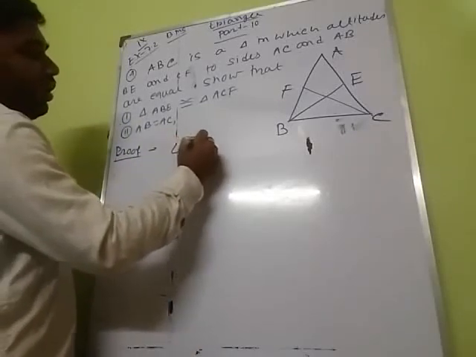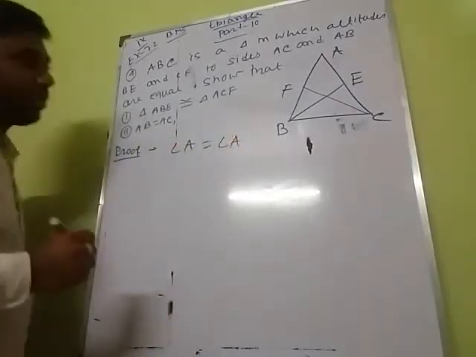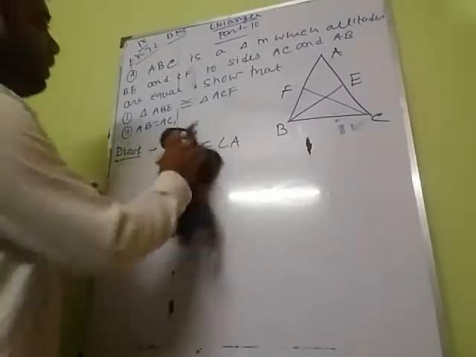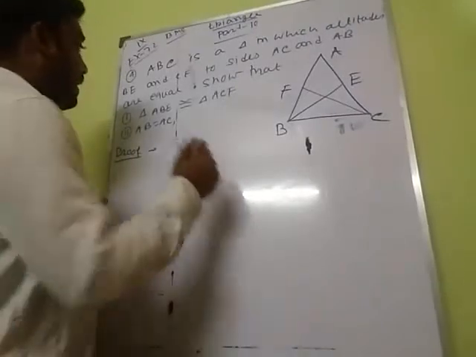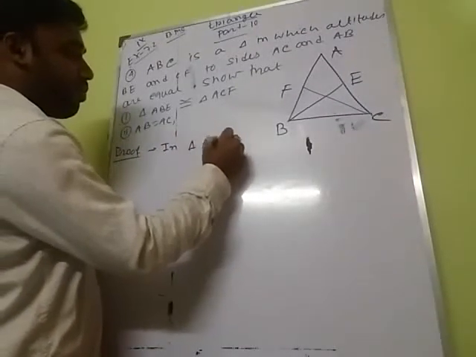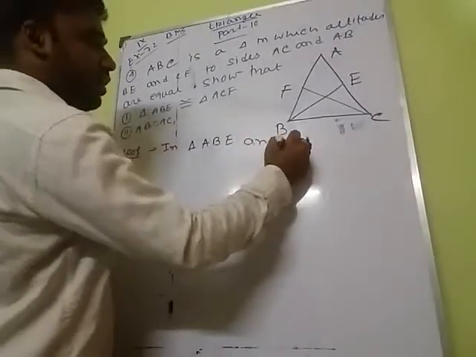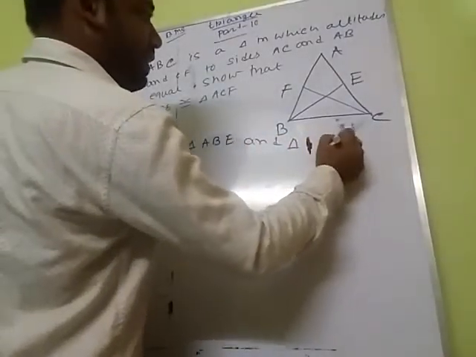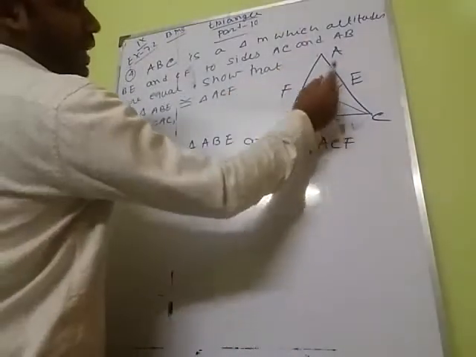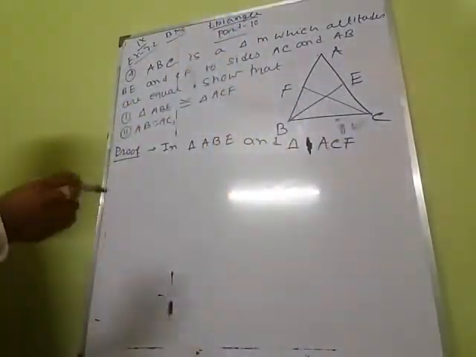Angle A equals angle A. First we have to write the triangle names: triangle ABE and triangle ACF. We have taken these two triangles.